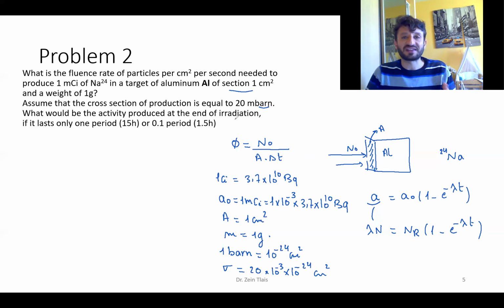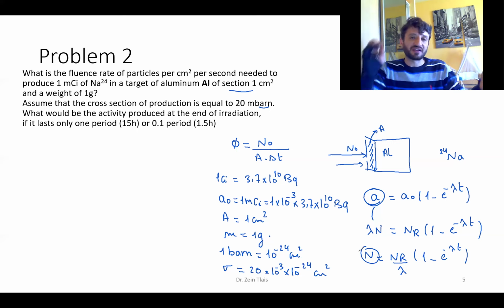So I want to calculate the activity produced at the end of the irradiation. What is the activity at the end of irradiation? I mean A, because N here equals N R divided by lambda, times 1 minus exponential of minus lambda t. You know, N is the number of unstable element at the end of irradiation. The incident particles will bombard the aluminum, and we are creating a new unstable element of sodium 24.